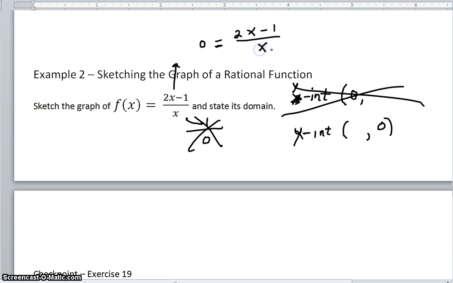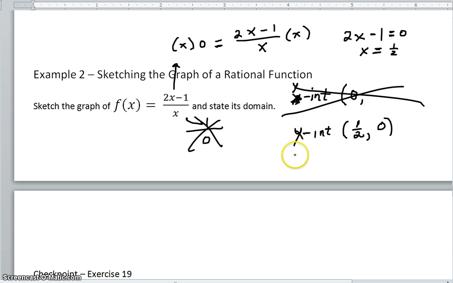This graph doesn't have a y-intercept, but it might have an x-intercept. So I get 2x minus 1 equals 0. Well, that's going to be at a positive 1/2. So the x-intercept for this graph is at (1/2, 0).